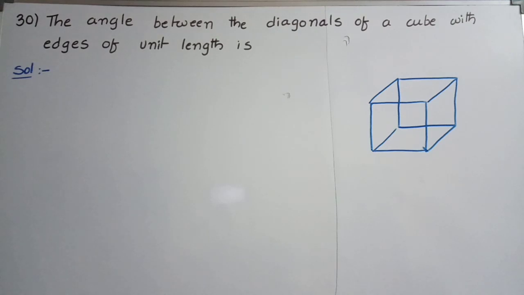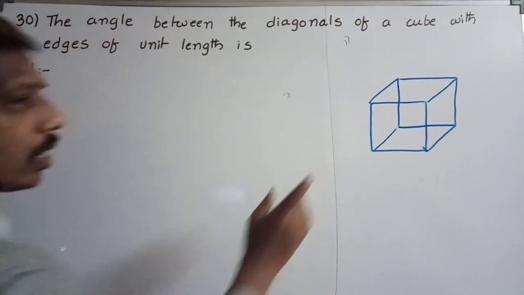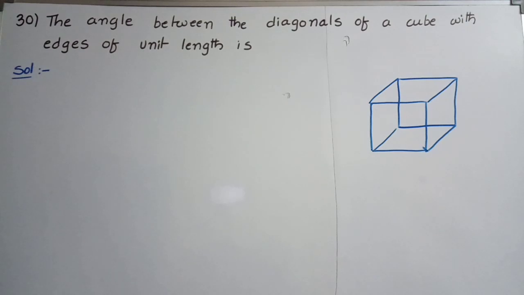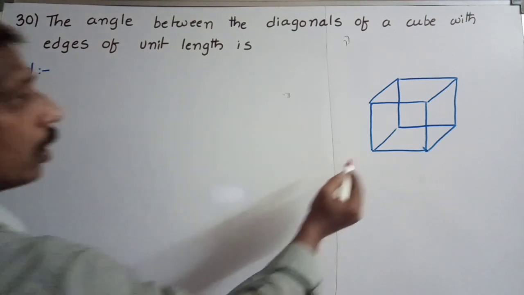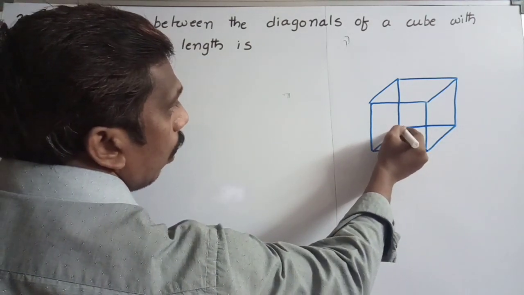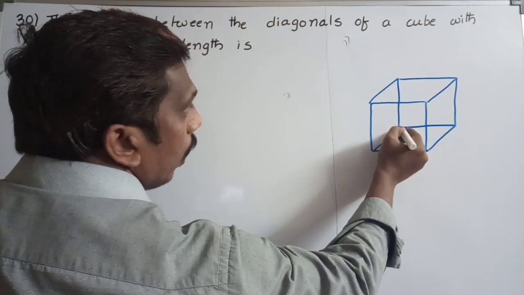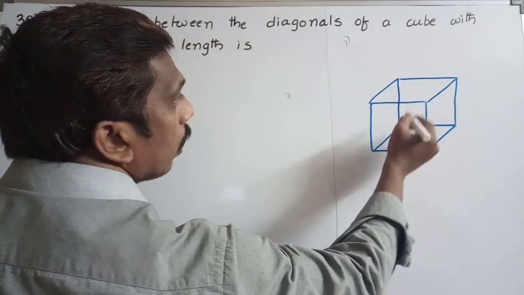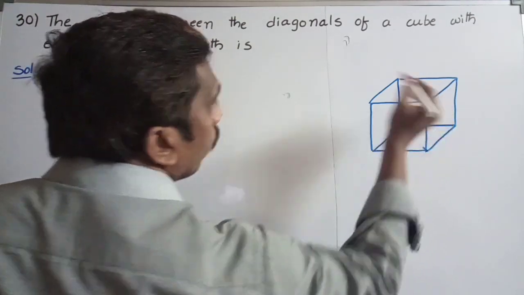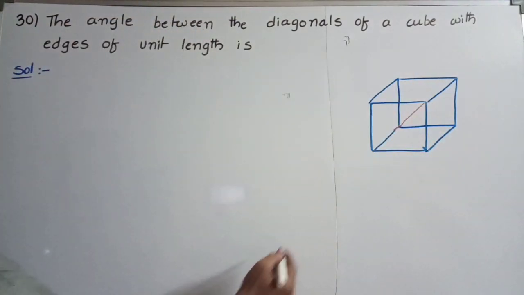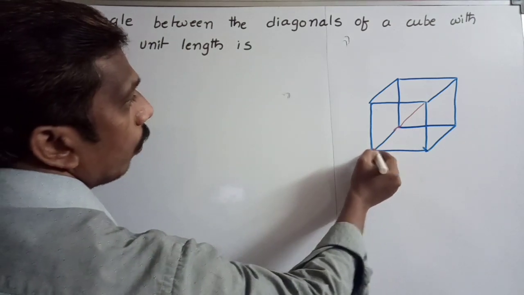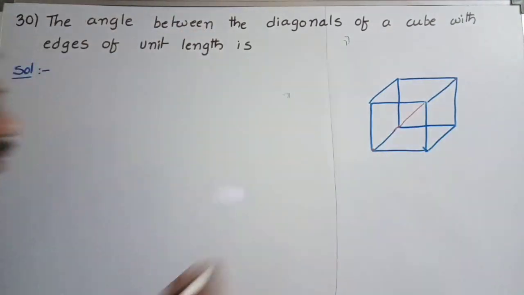Problem number 30. The angle between the diagonals of a cube with edges of unit length is. So in this cube, each side is equal to 1 unit. What we have to calculate? Angle between diagonals. So assume this is the origin. From the origin to its opposite corner, and the second one we should draw from this corner to this corner.